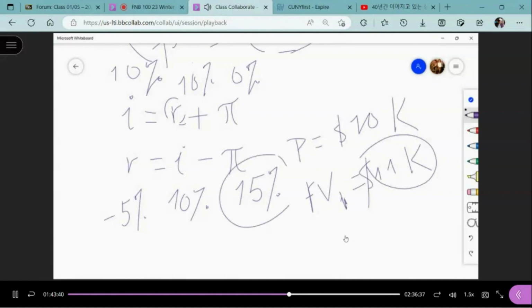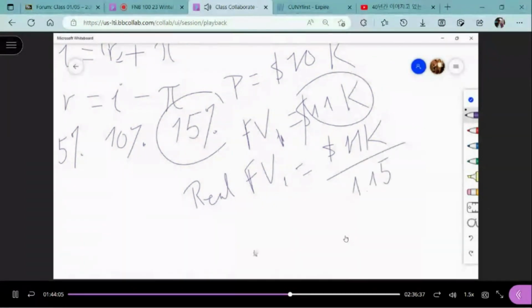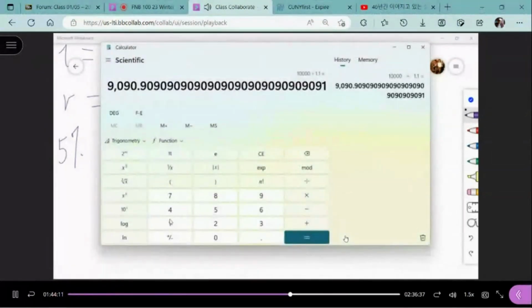So what is the real purchasing power of 11K? The real future value at time 1 will be 11K divided by 1.15.